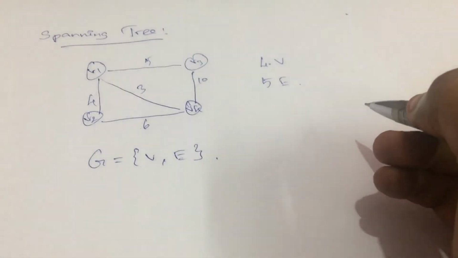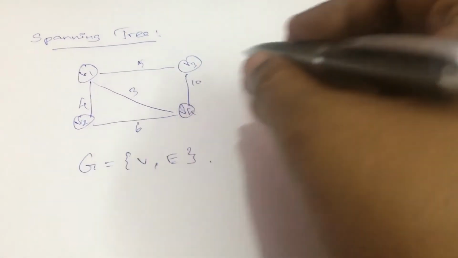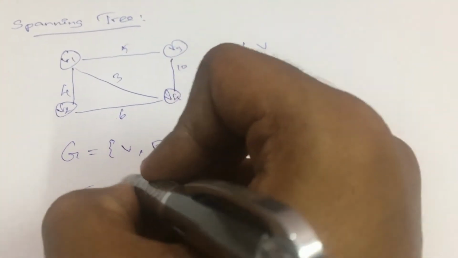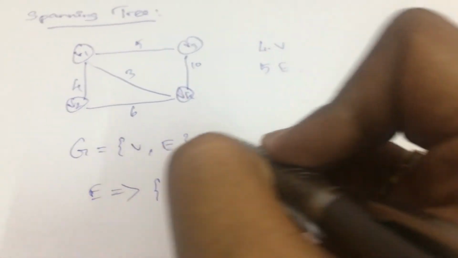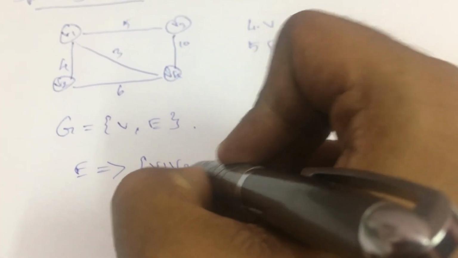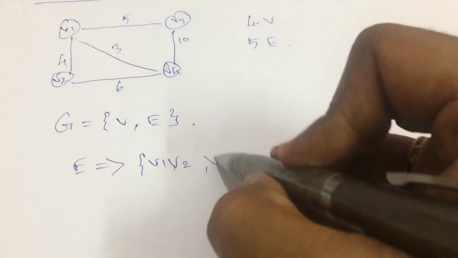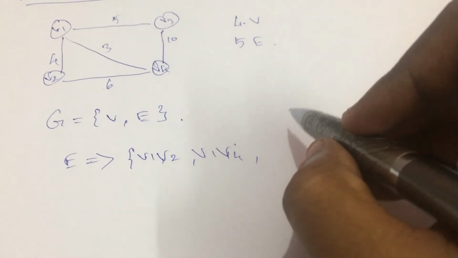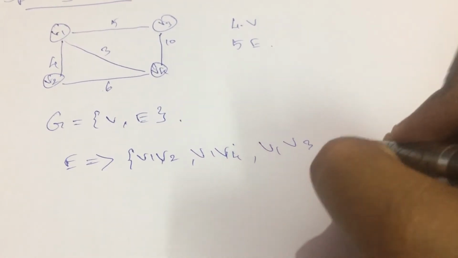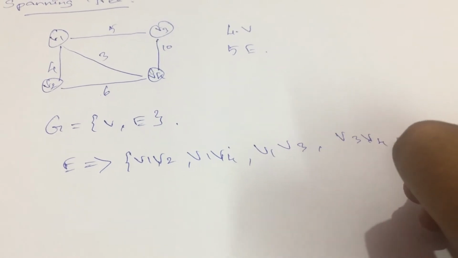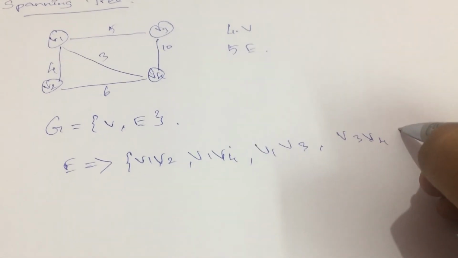In this case there are 4 vertices v1, v2, v3 and v4. When it comes to E edges, I have to say all possible edges in this graph. For example, an edge between v1 and v2 is one edge. Then v1, v4 is the second edge, and v1, v3 can be the third edge. Then v3, v4, and at last it can be v2, v4.